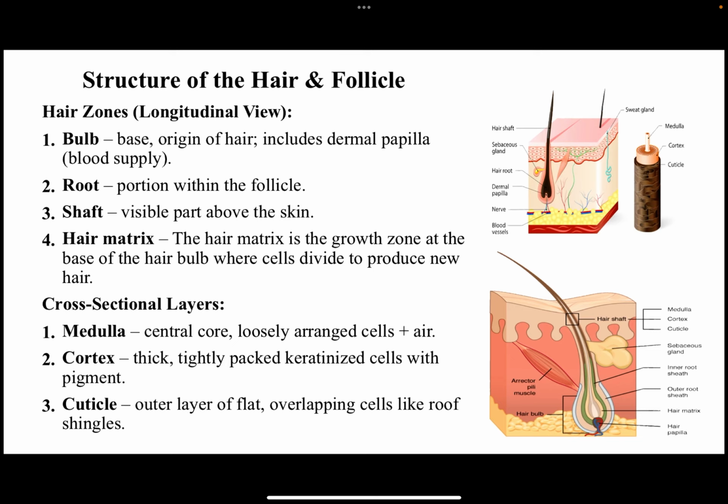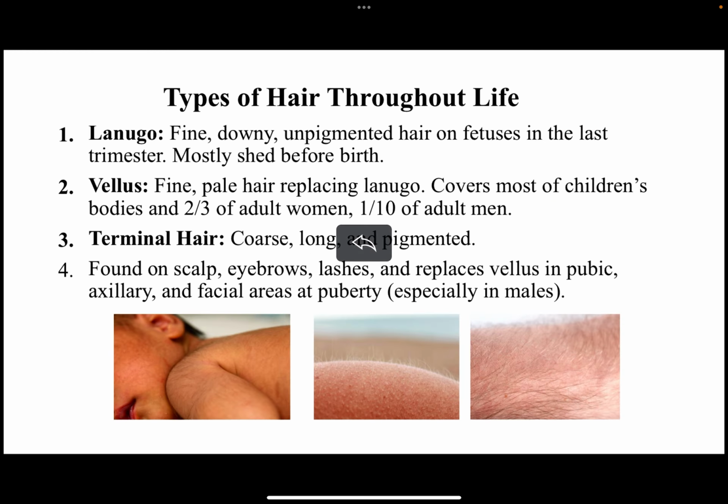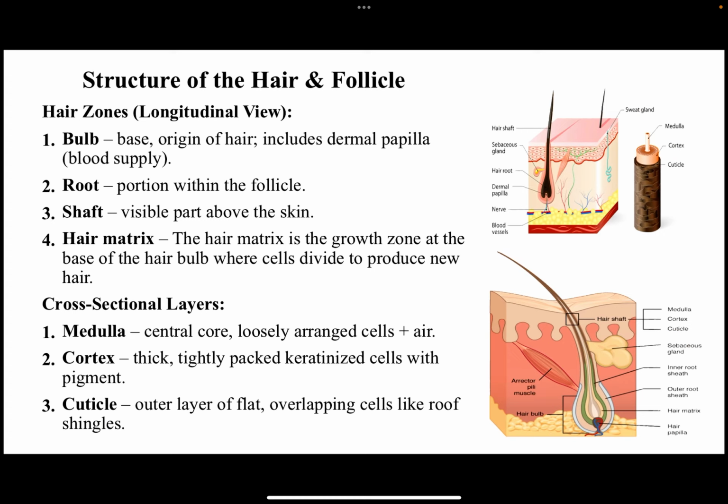You know, the zones of the hair, if you are looking at the hair longitudinally, we have the bulb, the roots, the shaft, and the hair matrix. And if you are looking at it in cross-section, we have the medulla, the cortex, and the cuticle. The cross-section is the one on your immediate right, the outer.